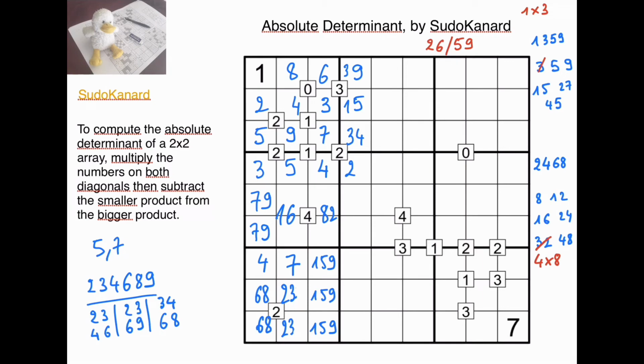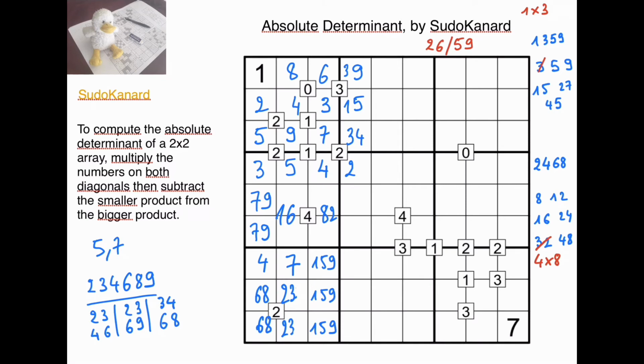Let's have a look. What if I make this a 2? Well, if I make this a 2, then I need to place 4, 6, and 8 somewhere in those cells. And something else I should mention is that the possibilities for this determinant of 1 are not that many actually. Before making this a 2, let's list what the options are for determinant of 1. The differences of 1 are not that many.